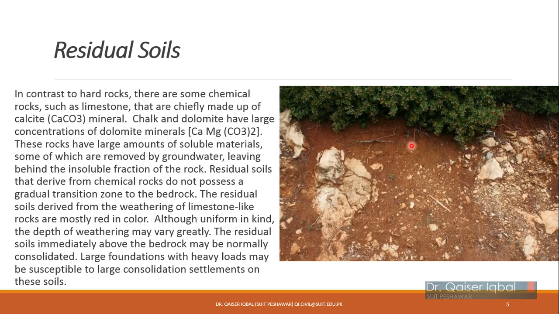So if you build your construction, if you make your building on that, or if you are using this for engineering purposes, you should know that these deposits will have a tendency to settle more. They will have more settlement susceptibility, so you will have to use them with caution. Okay, that's why we are discussing all these things.